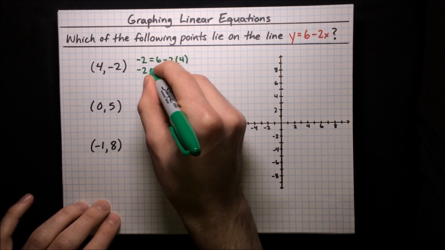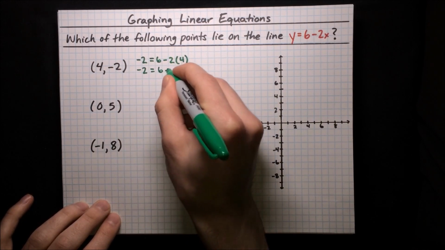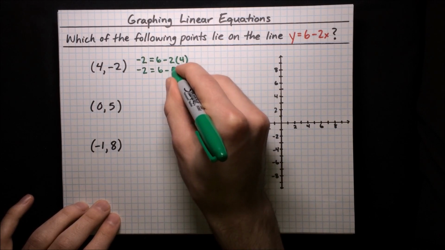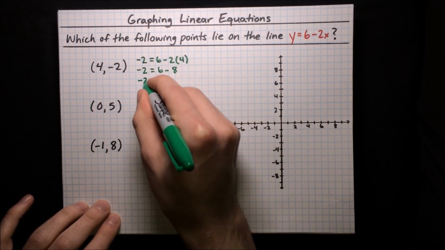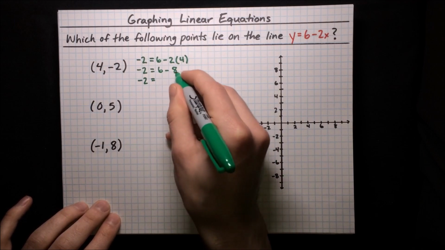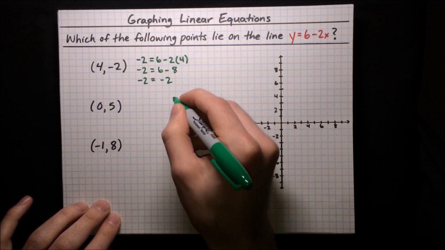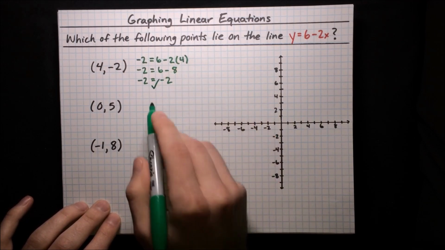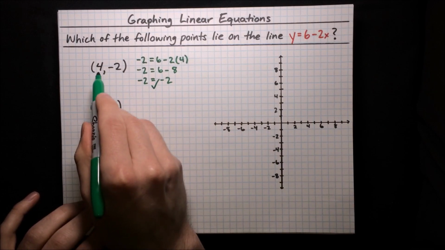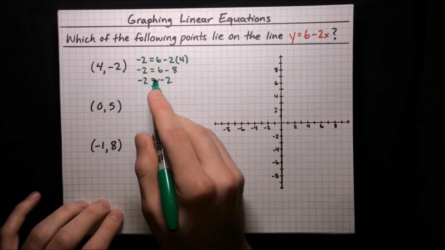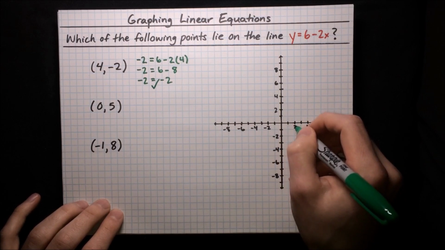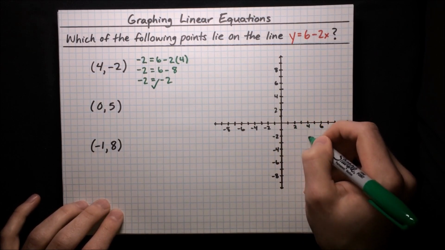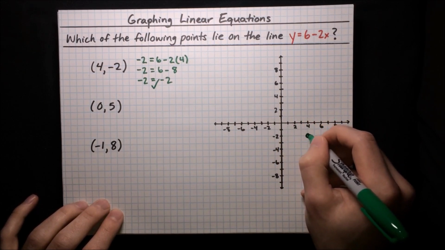So simplifying this, we've got -2 equals 6 minus 2 times 4 is 8, and then -2 equals 6 minus 8 is -2. Yeah, so this is good. This is a true statement. So that means this point 4, -2 is indeed on our line. Let's go ahead and plot it. 4 and -2 is right over here.